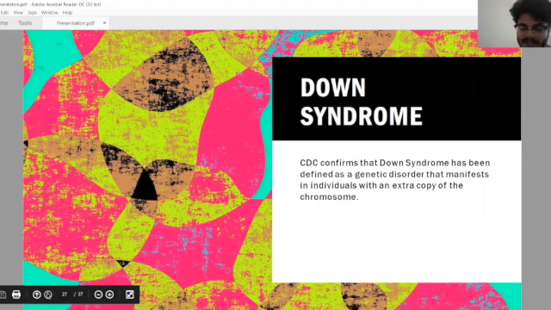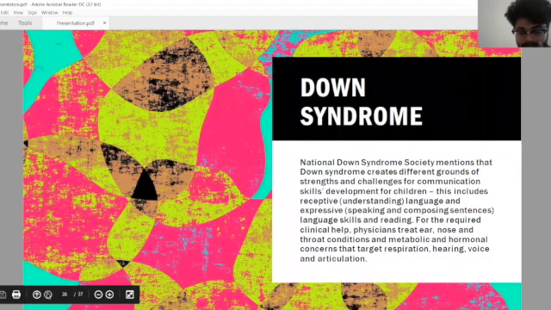And this determines how a baby's body would form and function as it grows during pregnancy and following the birth. And the National Down Syndrome Society mentions that Down syndrome creates different grounds of strengths and challenges in communication skills and the overall development of children. And this includes receptive and productive elements of language, language skills, and reading.